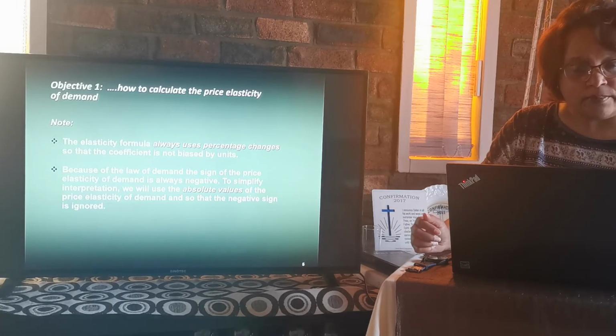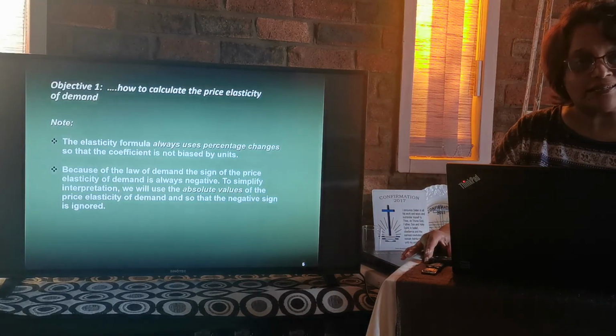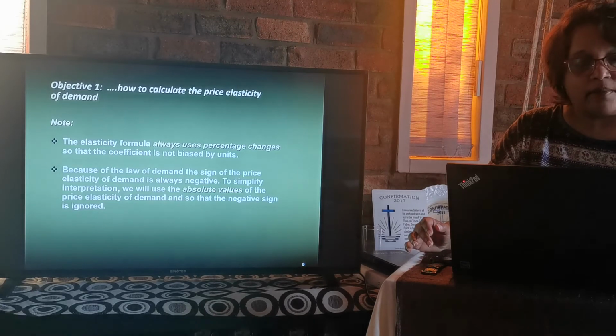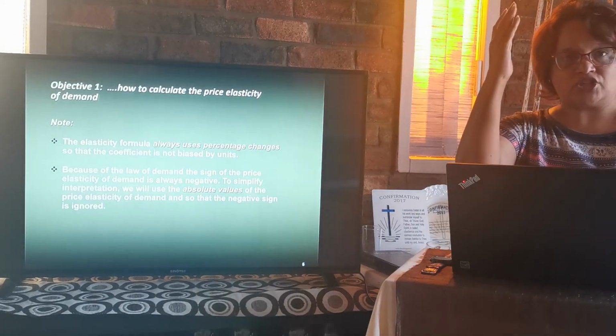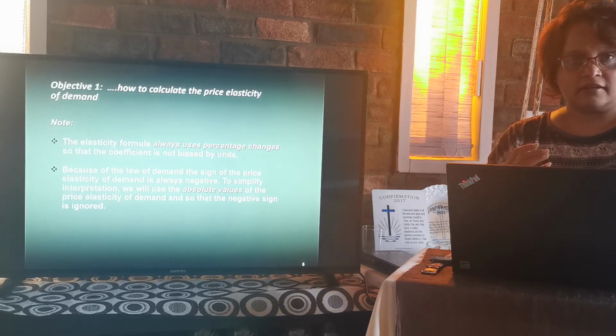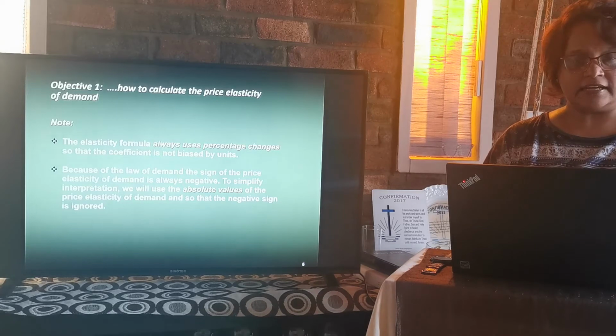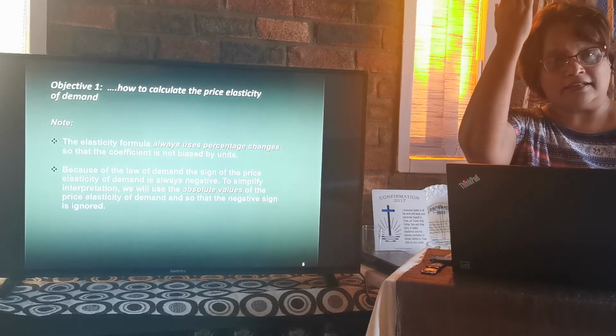Because of the law of demand, the sign of the price elasticity of demand is always negative. Why? The inverse relationship. A price increase, demand drops. A price decrease, the demand increases.